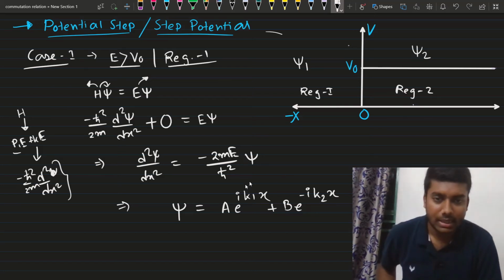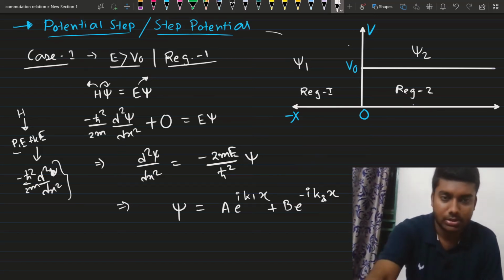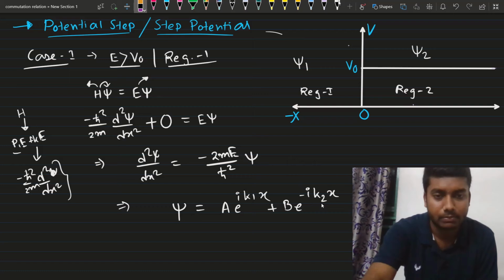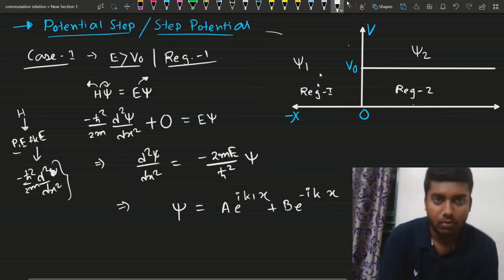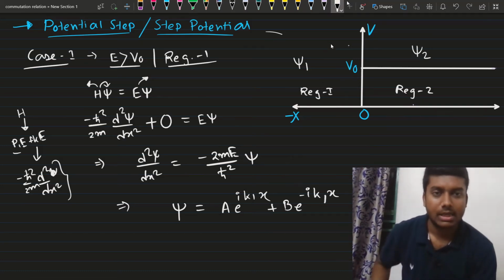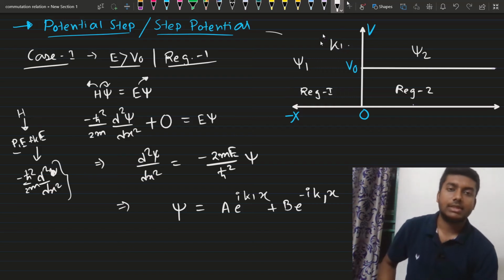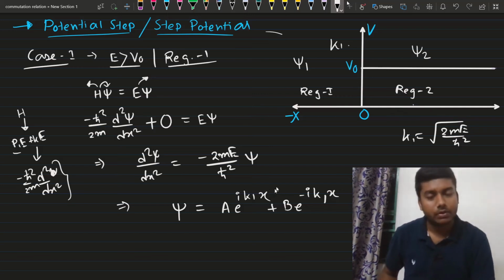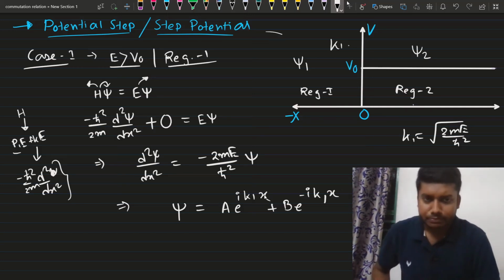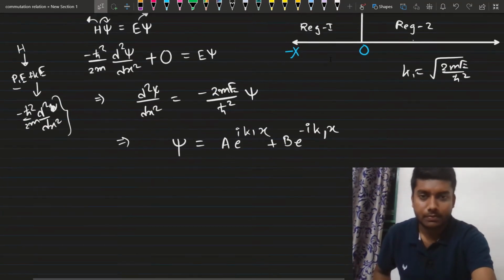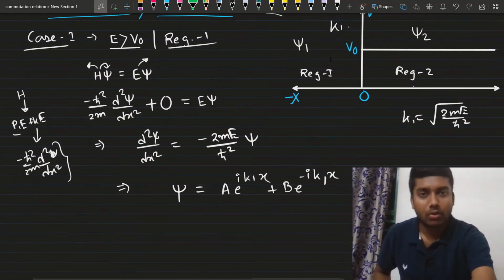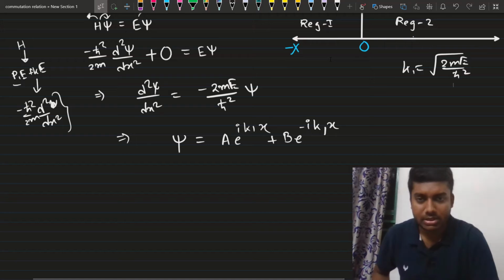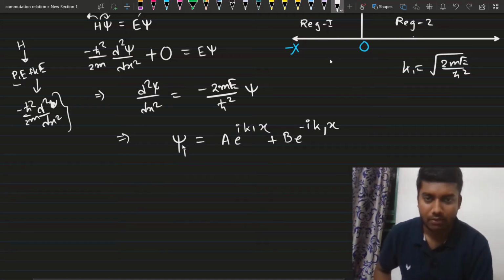A and b are constants, and k1 means the wave number of this region, k1 equals root over 2mE over h bar square. Mind it, this is the wave function in region 1, denoted psi 1.